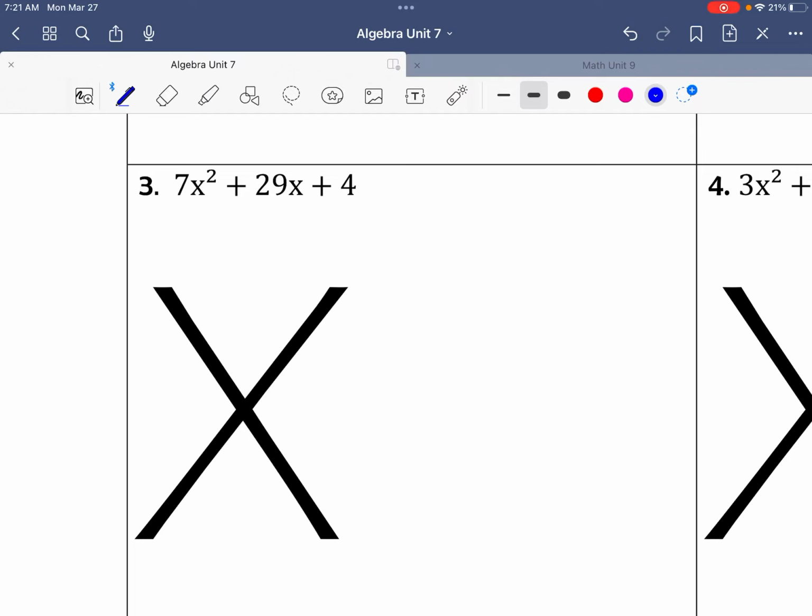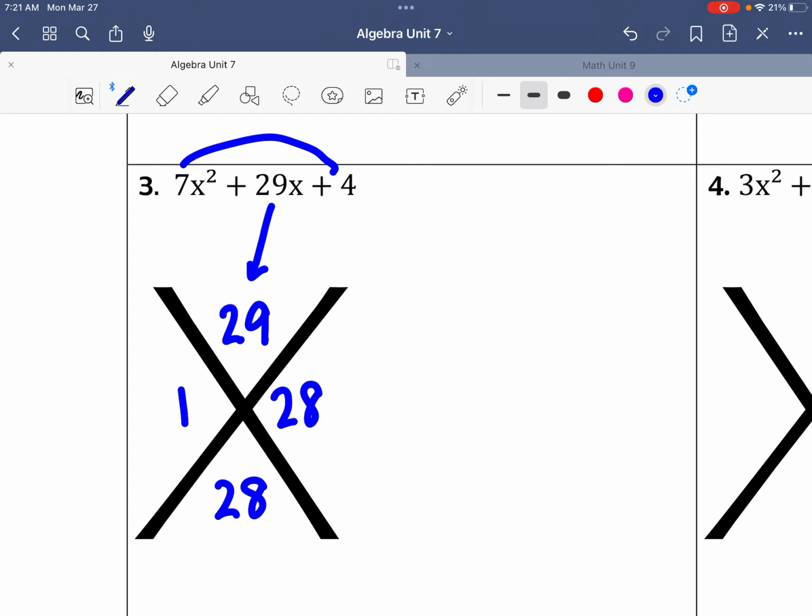All right, so again, we put the middle term here. We multiply and put the other term here. What are the factors of 28 that will add up to 29? That's pretty easy. It's 1 and 28. And then I write my four-term polynomial out. So 7x squared plus 1x plus 28x plus 4.